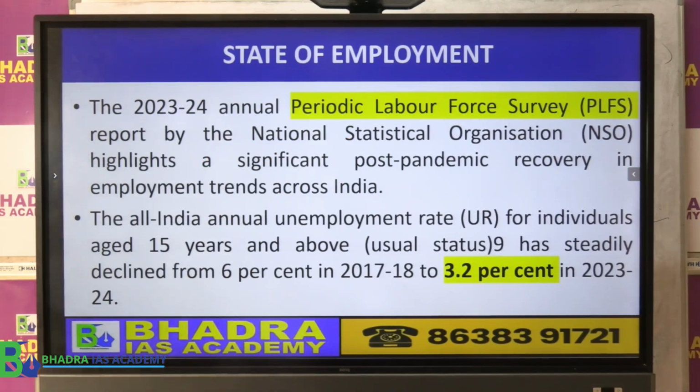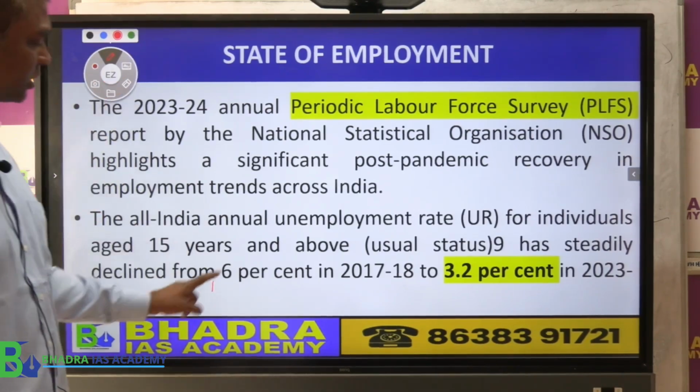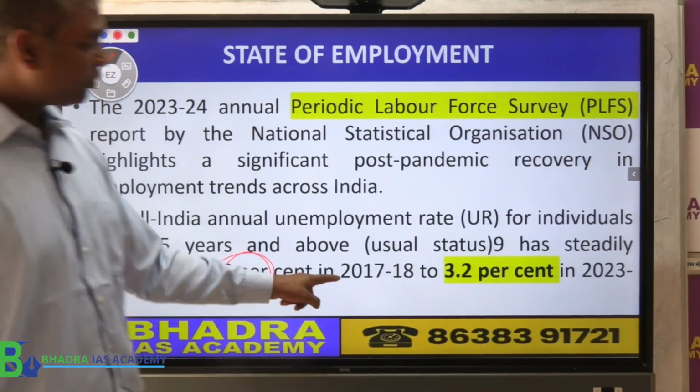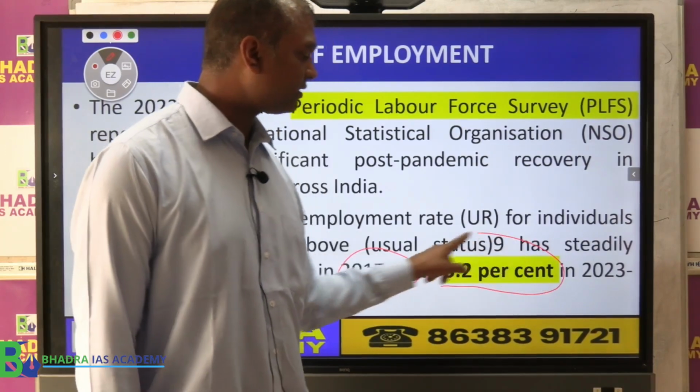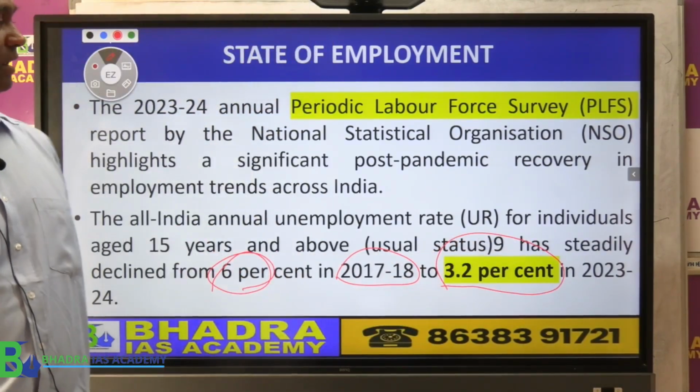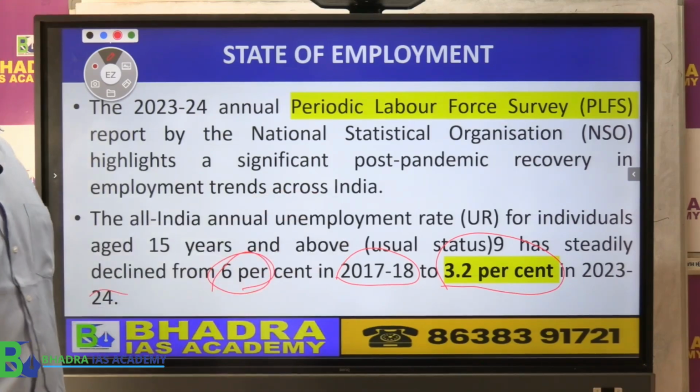Now what does this data say? According to this data, unemployment, which was rather high, around 6% in 2017-18, came down to half of that, that is 3.2% by 2023-24. Clear?